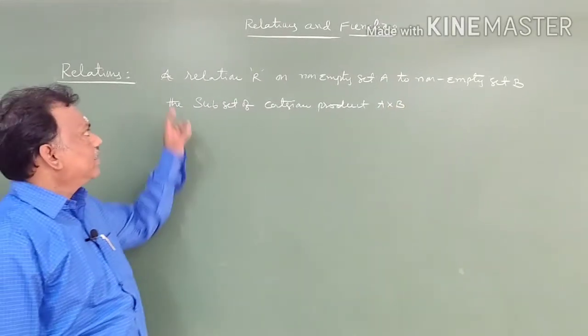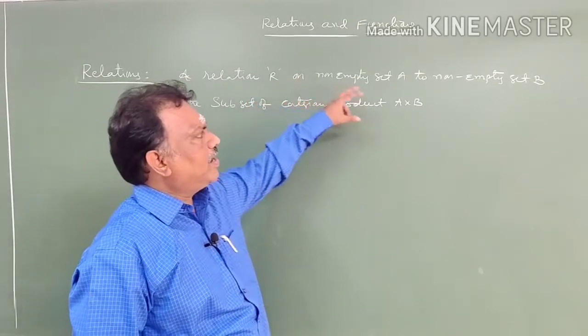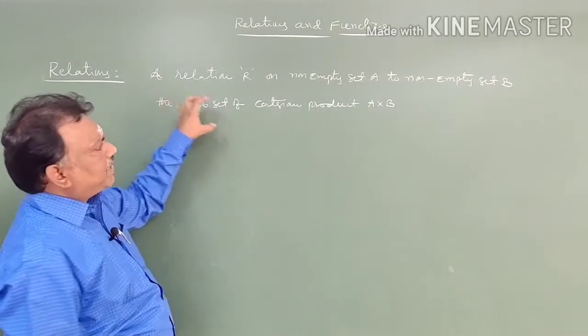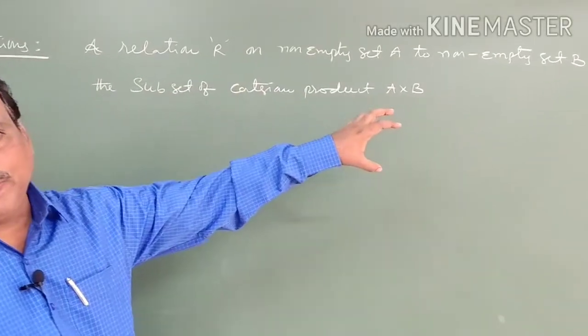Once again I will repeat it. A relation R on a non-empty set A to a non-empty set B is a subset of the Cartesian product A cross B.